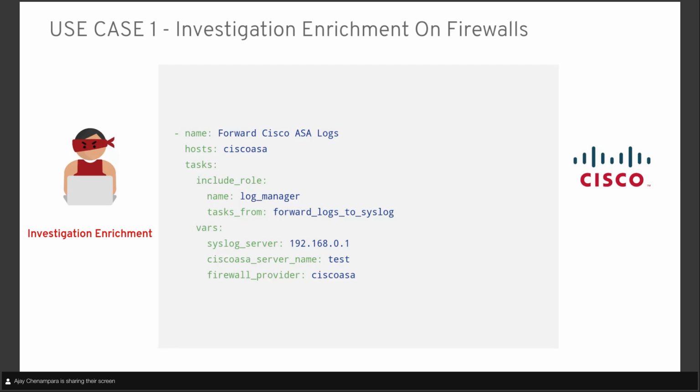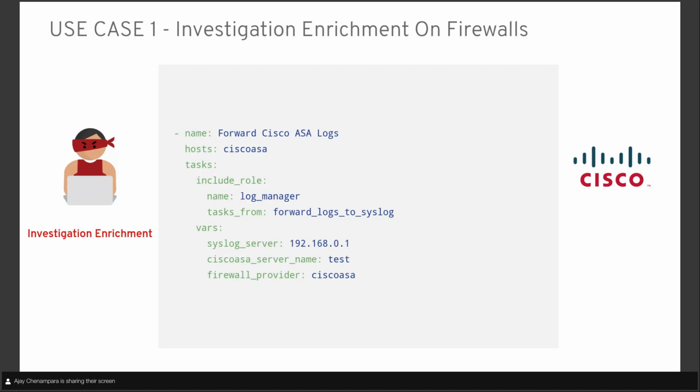There might be, let's say, 25 of them. I want all my logs to be forwarded to IBM QRadar now, right? So normally they might be logging into syslog or something like that.